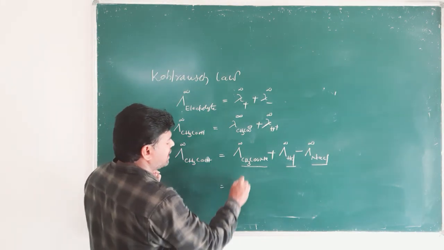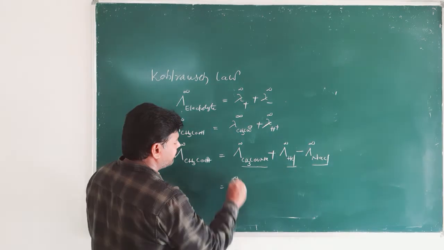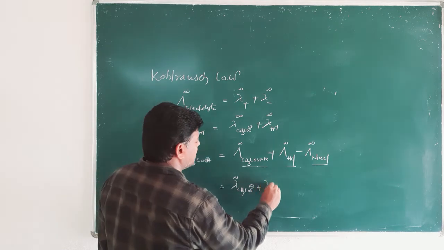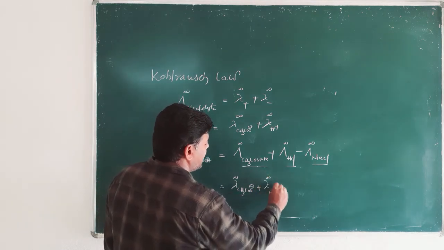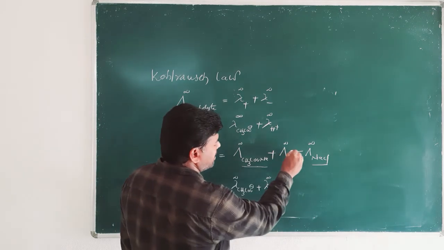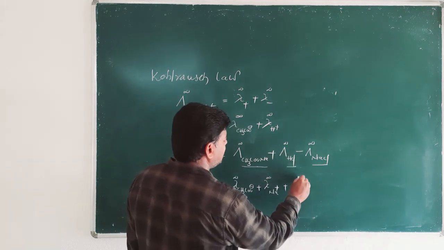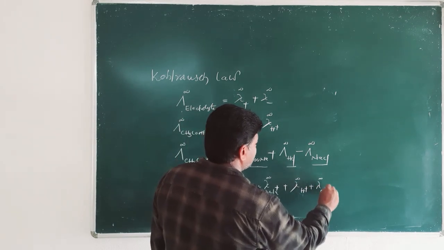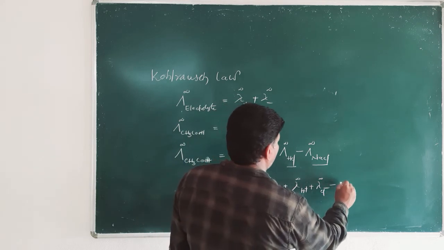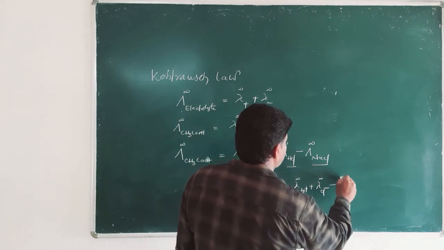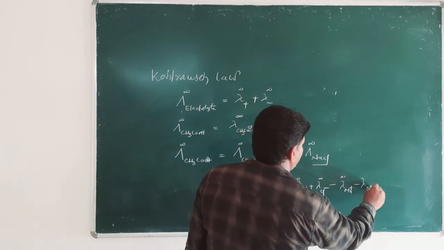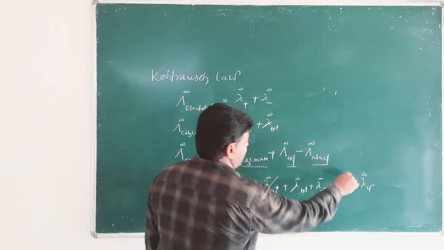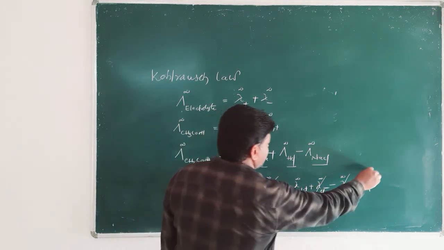So, this is equal to the equivalent conductance of CH3COO minus plus lambda infinite Na plus. This is equal to the algebraic sum: lambda infinite of H plus, lambda infinite of Cl minus, lambda infinite of Na plus minus lambda infinite of Cl minus, at infinite dilution. So, now this Na plus is cancelled, this Cl minus is cancelled.